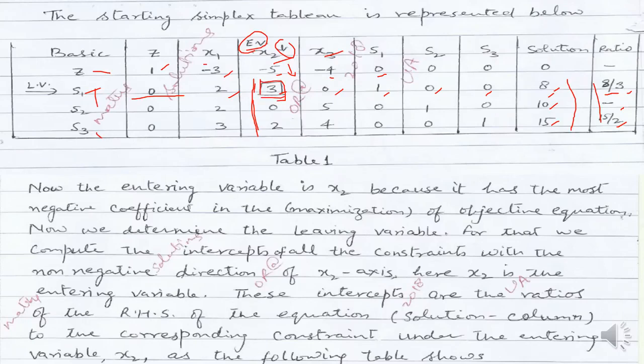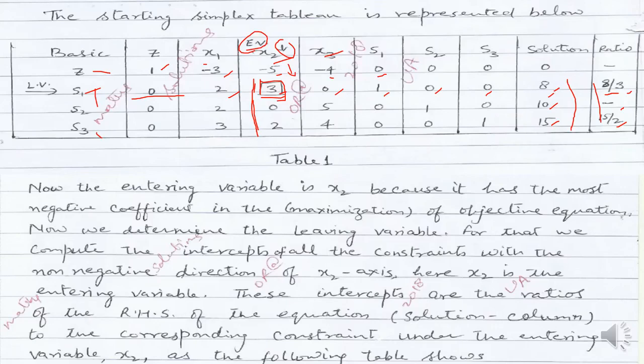Now for further calculations, what will we do? We will divide this pivot row by the pivot element, that is by 3. So each element of the S1 row, that is 0, 2, 0, 1, 0, 0, will be divided by 3.